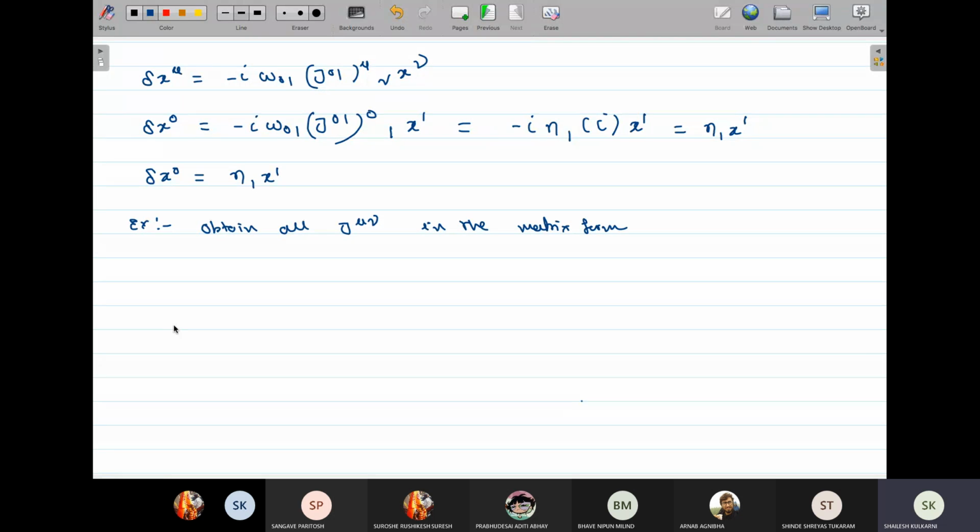But J1 commutes with J square. If two operators commute, then they will have simultaneous eigenspace. So the problem of finding the action of J on the state space reduces to finding the eigenstates of Jz and J square.